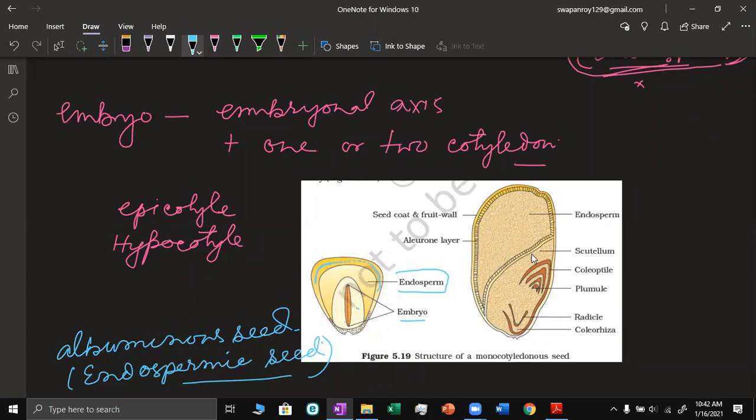Embryo occupies very small space in this maize grain. This is the enlarged view of the section of the maize grain, and this is the seed coat and the fruit wall fused.